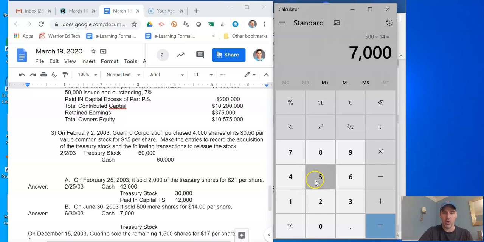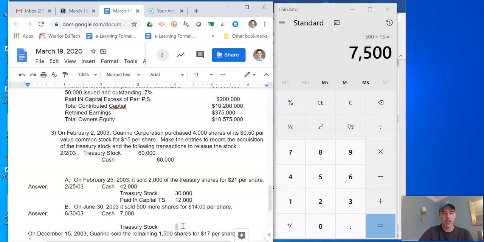This one we really haven't talked about, but if you take the 500 shares and multiply it by 15, what you bought it back at, it comes out to 7,500. So treasury stock will go down by 7,500, but you see on the debit, we only sold it for 7,000. So we're going to make an adjustment to the paid in capital treasury stock account, and we're going to lower that by $500.